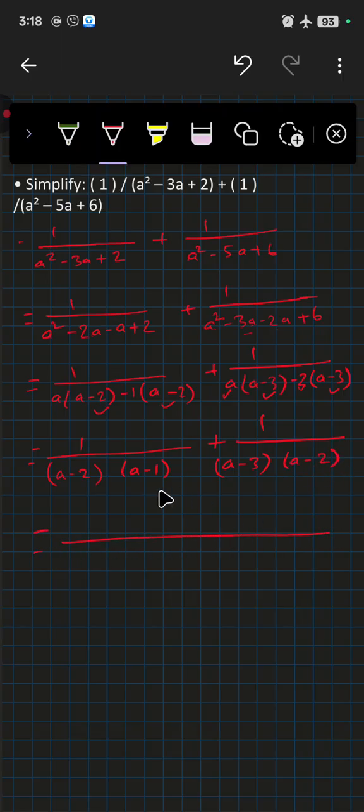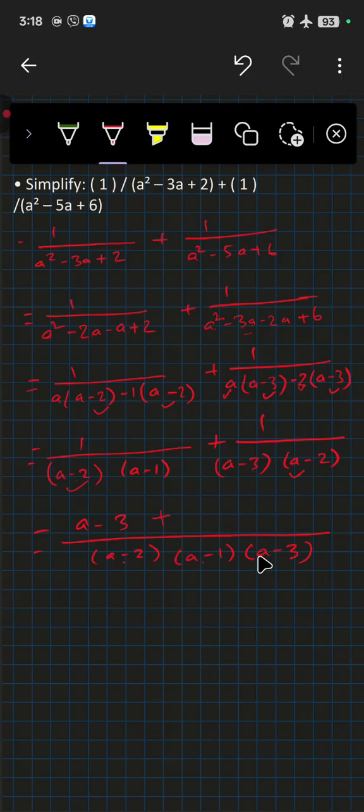Now LCM between these two terms is, what is common? A minus 2 is common. That I'll write at first. What is left after that? A minus 1. And here in this, a minus 3. Now let's see, a minus 2, a minus 1, a minus 2, a minus 1, common. So you leave that, and a minus 3 will multiply this 1, will result a minus 3, because 1 multiplied to anyone gives the same result except 0.